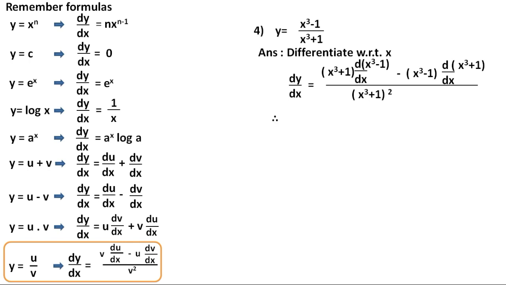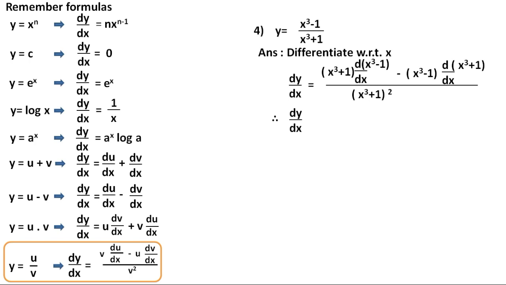Therefore, dy upon dx is equal to, now see, x raised to 3 plus 1, this bracket as it is, and derivative of x raised to 3 minus 1 is what? 3x square. Minus 1 has derivative 0. Constant function, minus 1 is constant and that is 0. Similarly, next term is x raised to 3 minus 1 as it is.